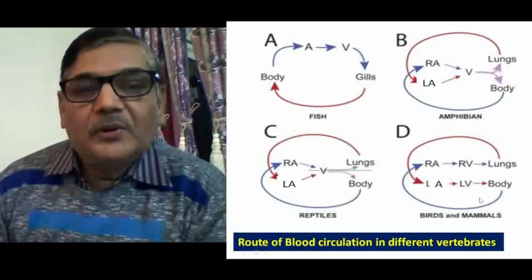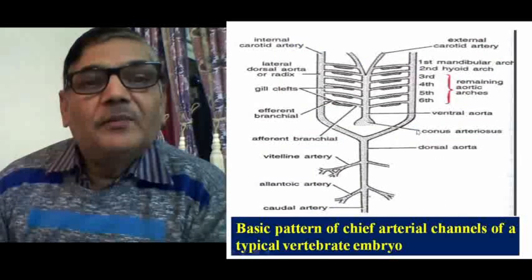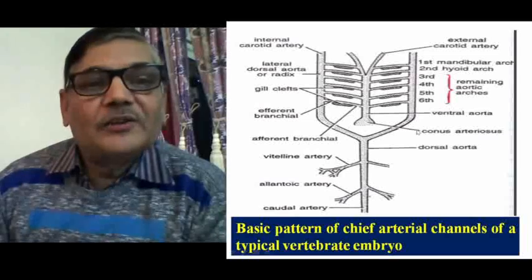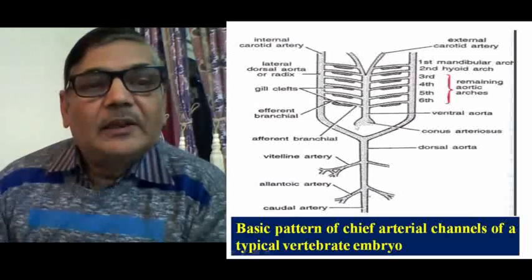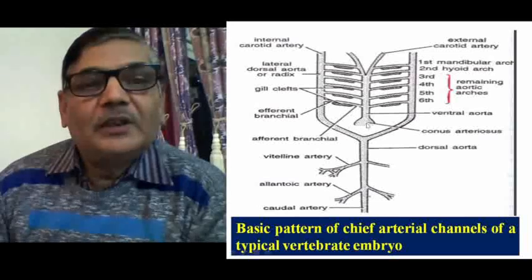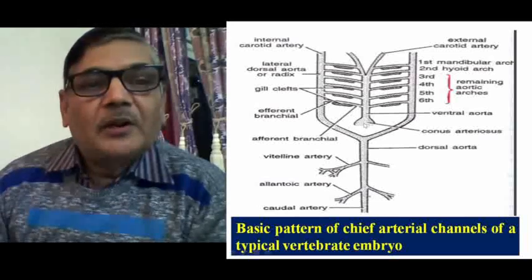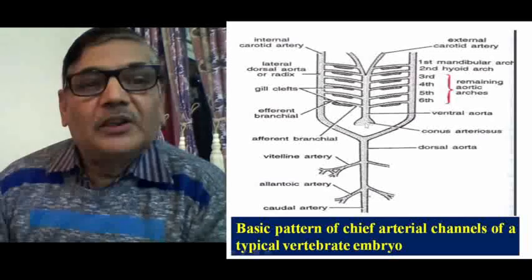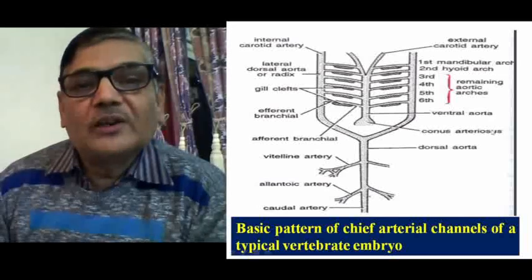Now if we observe the aortic arches, what we find is that the heart in the embryonic stage is simply a two-chambered structure, and the anterior part of the heart, that is actually the ventricle, gives a swollen structure, and that portion is called the conus arteriosus.